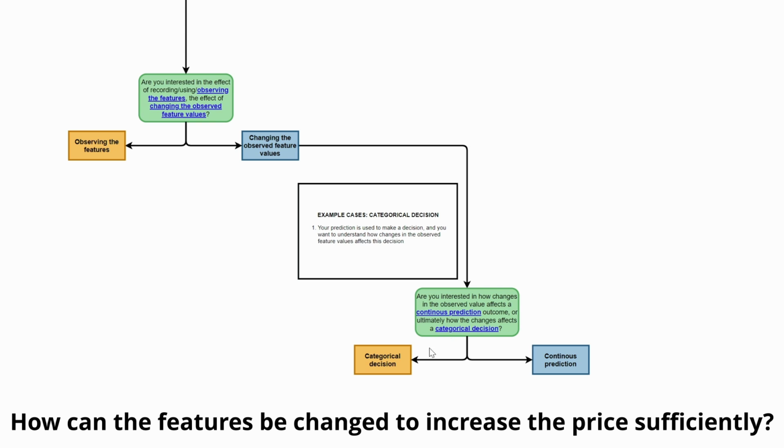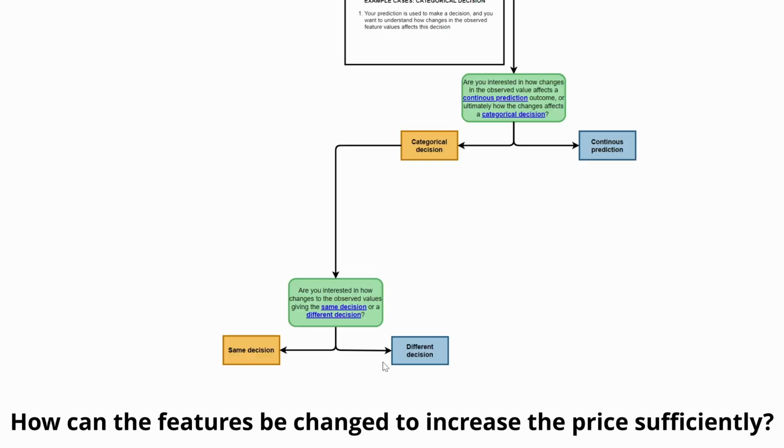Since the homeowner wishes to reach an estimated sale price above $450,000, this case falls into the categorical prediction basket. Finally, we want the explanation to address how she can fulfill her new housing dream. In other words, we want to explain a different decision.